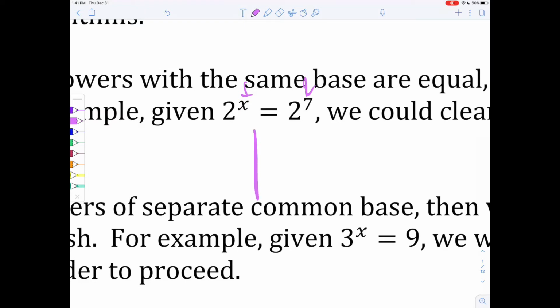And that's because, of course, an exponential function is 1 to 1. So every input value has only one output value. Every x only has one corresponding y. There's no x that has two possible y's, and no y that has two possible x's. So that's why we have that reality set in.